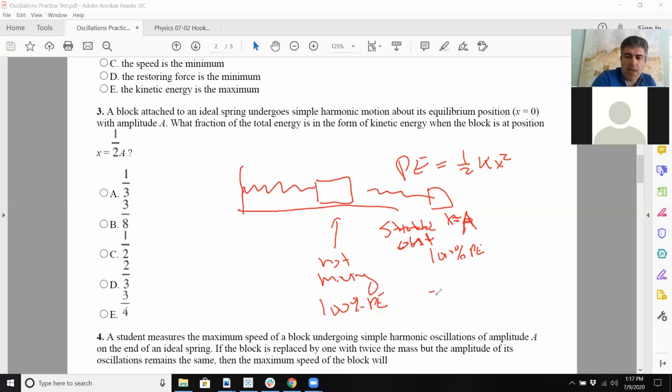So your potential energy is 1/2 k times A squared.